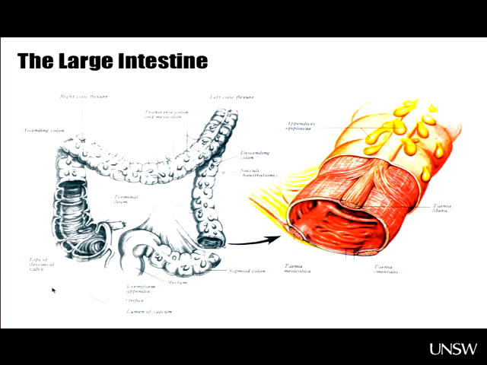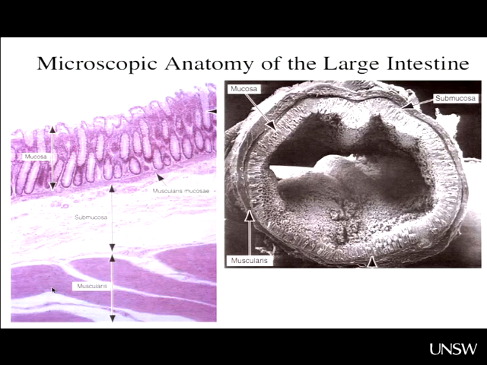Now, looking a little bit closer, there's the microscopic anatomy of the large bowel. I'll focus on this one. There's the mucosa of the large intestine. Now, what's significant about the mucosa of the large intestine? The function of the large intestine is to basically absorb water and minerals and maybe a few vitamins, but mainly water and minerals.